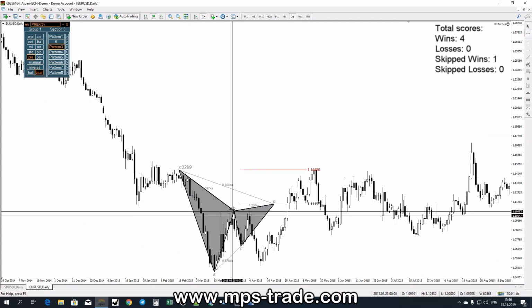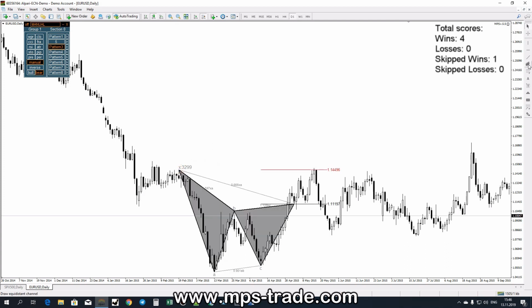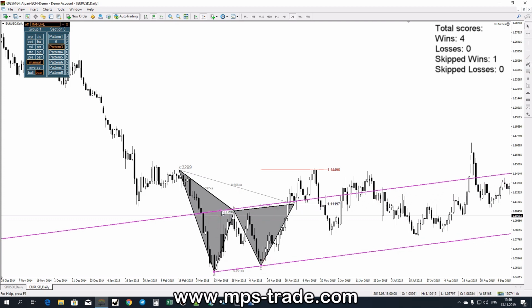Pattern number 6, here's a potentially redrawing pattern. What happens here if I redraw this pattern? I use it this way, and I should place it this way.